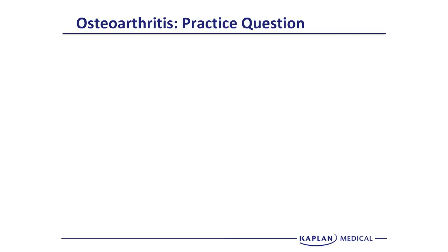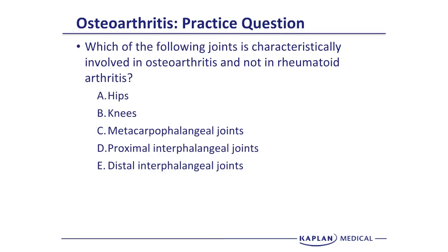Now, which of the following joints is characteristically involved in osteoarthritis, but it is not involved in rheumatoid arthritis? Remember, what is the joint in the hands that is not involved in rheumatoid arthritis? And that would be the distal interphalangeal joints.